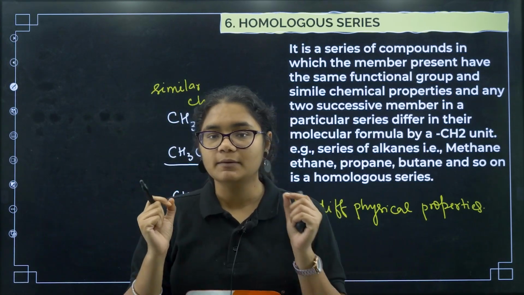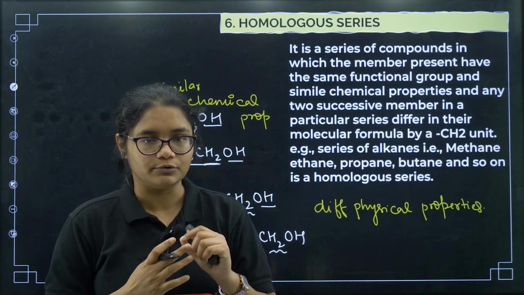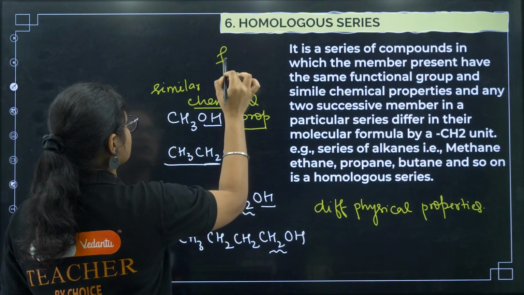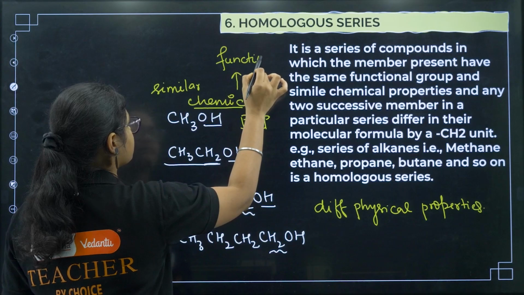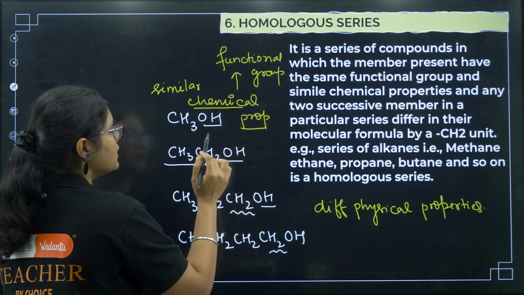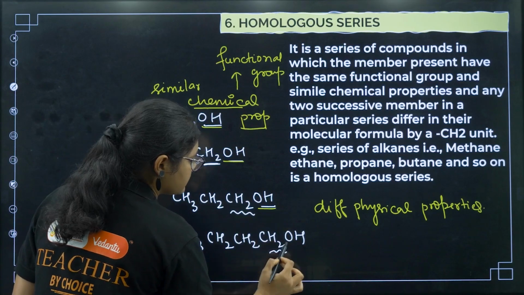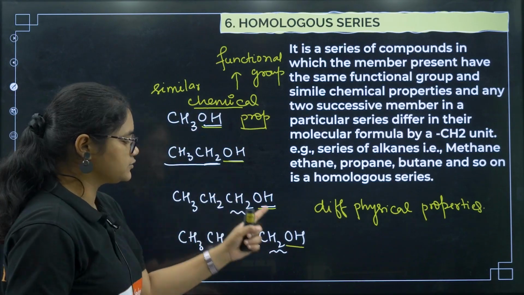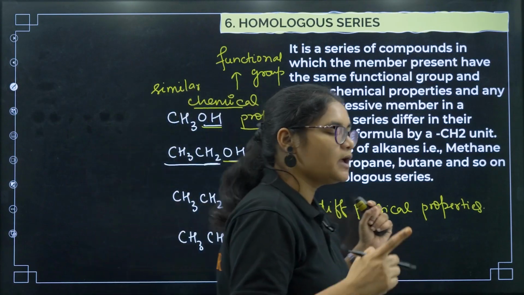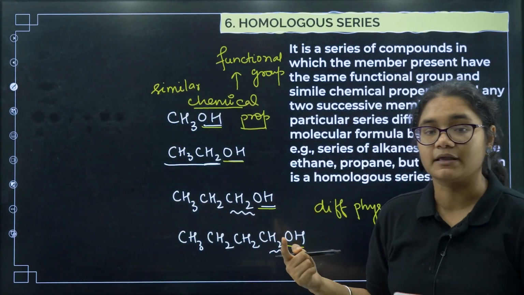Chemical properties depend on the functional group. Now here all the members have the same functional group, OH, OH, OH, OH. So because the members have the same functional group, we can say that they have similar chemical properties.